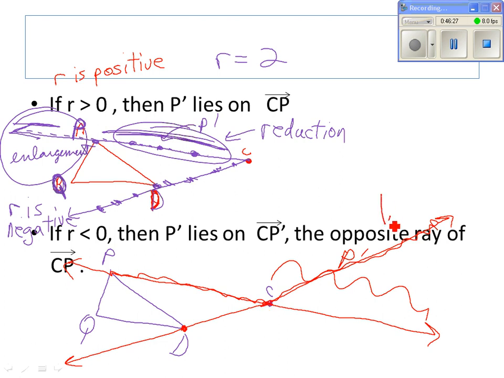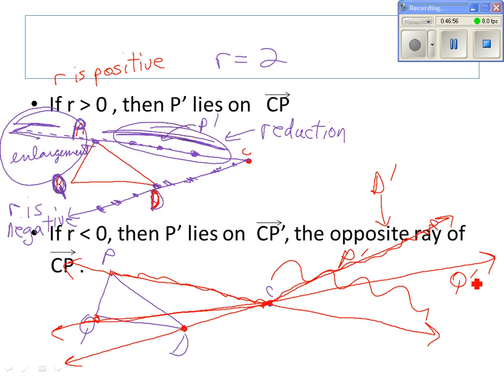So D prime is going to end up somewhere on that ray. If we did Q, and it was a negative R, Q prime is going to end up somewhere on that ray, so Q prime out here somewhere.